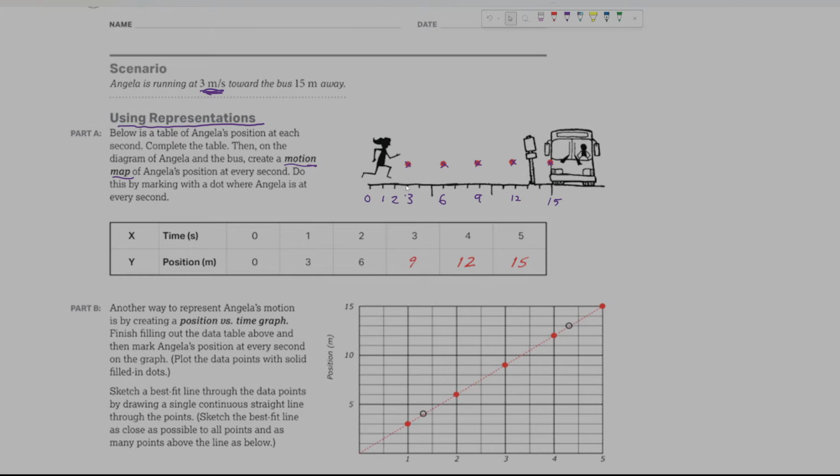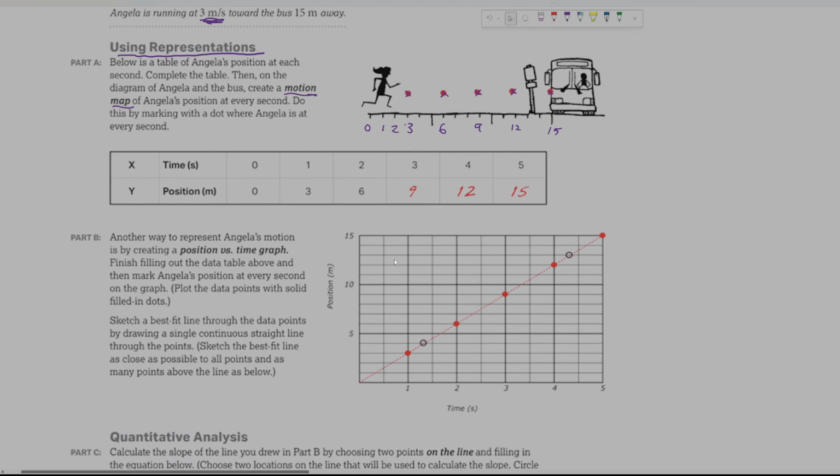That's going to involve an arrow showing her speed. But I am getting ahead of myself here. That'll be in another workbook page. Okay, so motion map. Now, those X's aren't actually necessary. It does say to put dots, so please don't add X's if it says to use dots. Okay, it specifically says with a dot. All right, so make sure you do that.